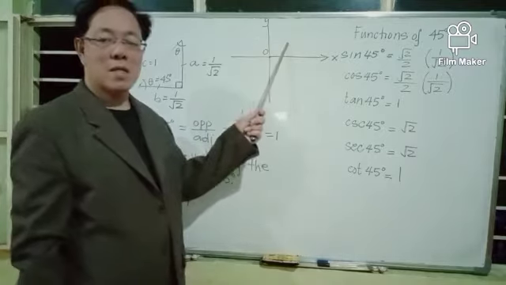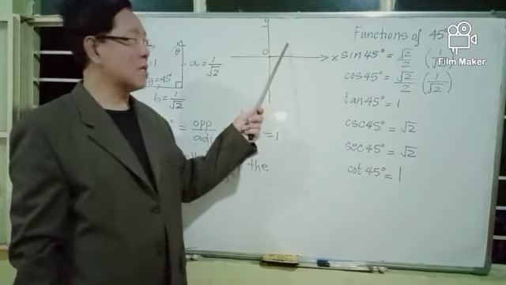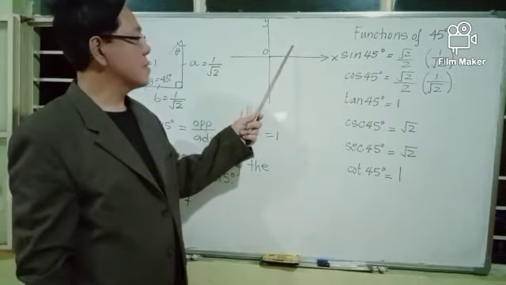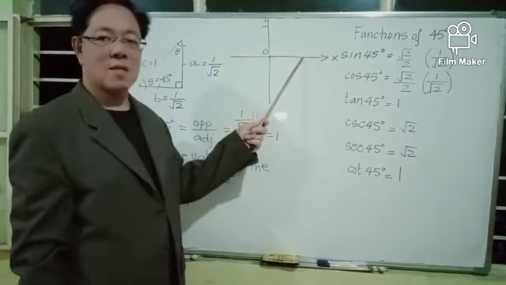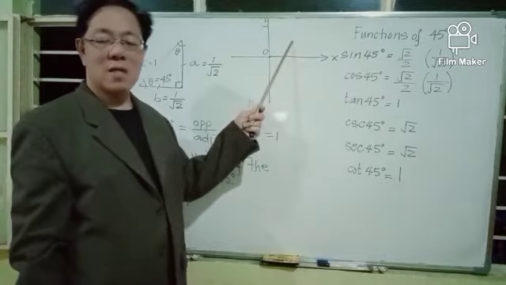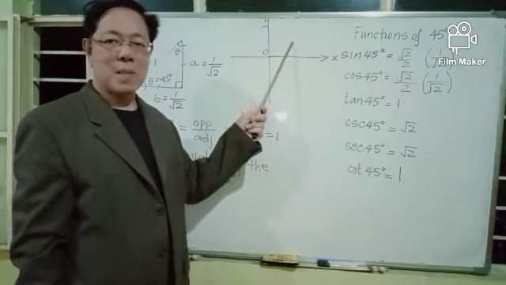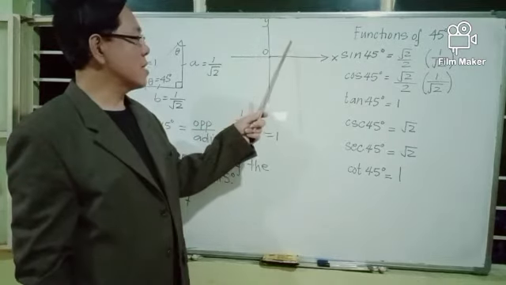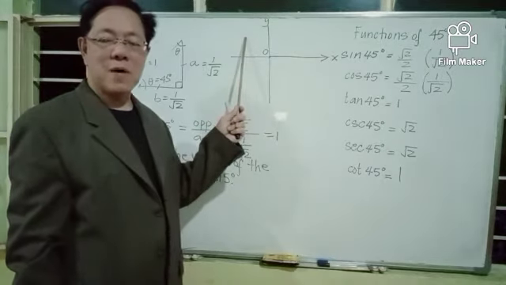And one quadrant has 2 45-degree angles. So we count 7 45-degree angles from the positive x-axis. This quadrant has 2 45-degree angles. This second quadrant has 2. So that's already 2 plus 2, 4 45-degree angles.